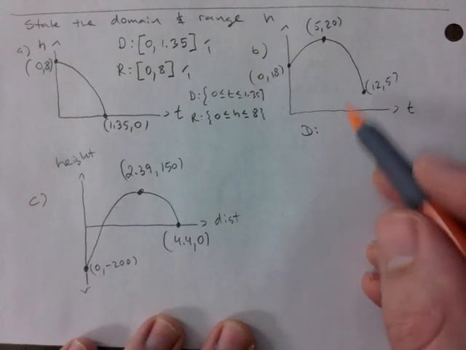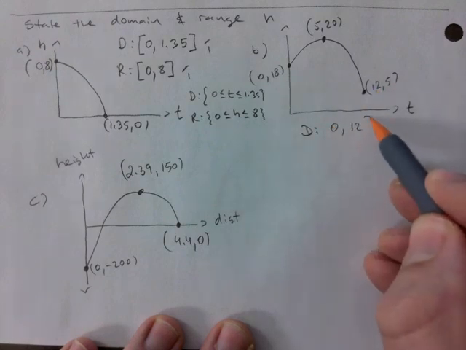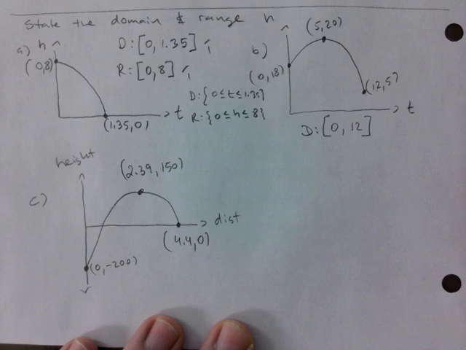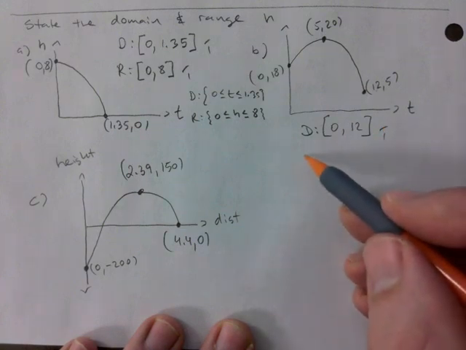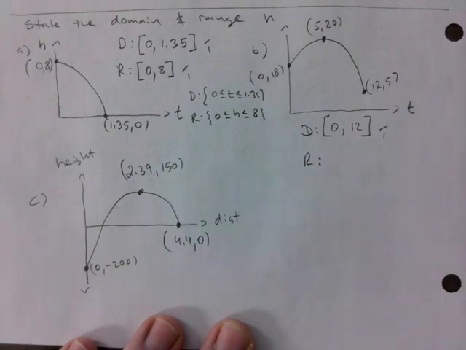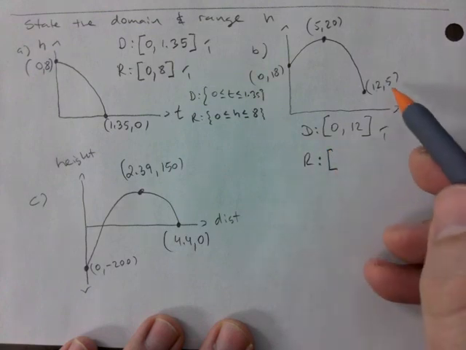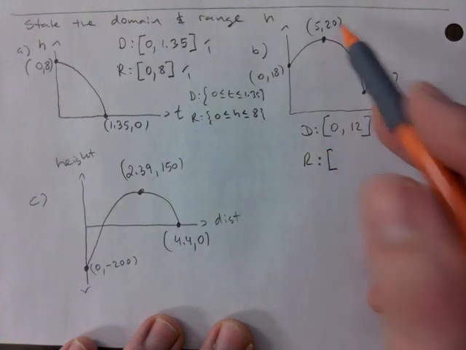Domain and range for this: my domain goes from 0 to 12. It has to be exactly like this or else we don't get marks today, okay? I know it's a little harsh, but if your brackets are off, that's half off, and it has to be in that order. For the range, you go as low as 5 and as high as 20.